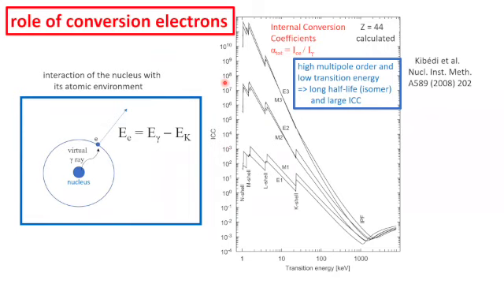So here's the aspect of conversion electrons that shows how they can dominate the decay process, so that the nucleus gives its energy to an atomic electron, which is then ejected, and the ratio of intensities of electron to gamma ray emission is shown on the right here. This is a theoretical calculation, but it's pretty well understood now, and you can see these ratios of electron to gamma ray emission go up to values of here 10 to the 10.